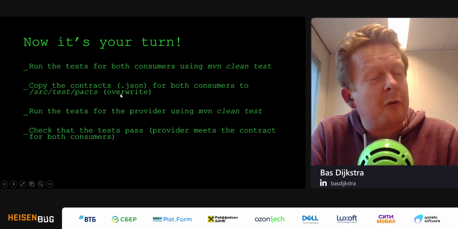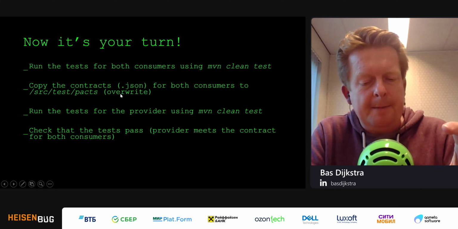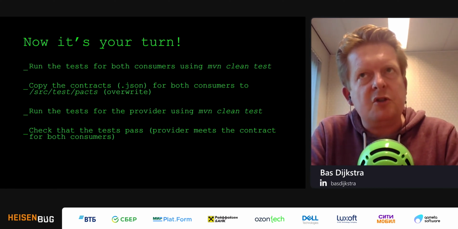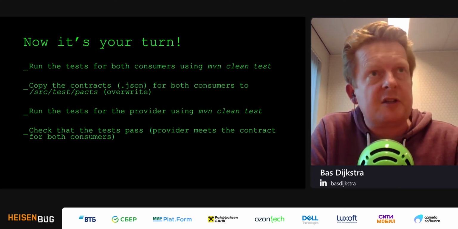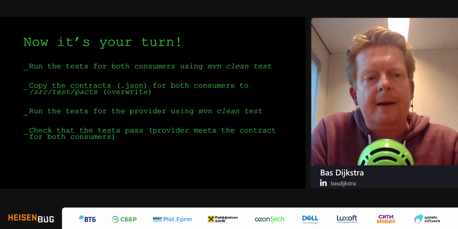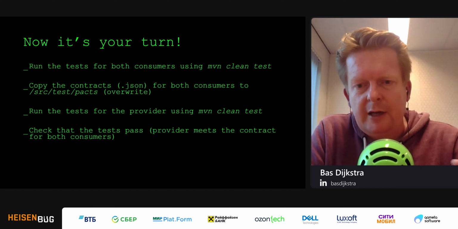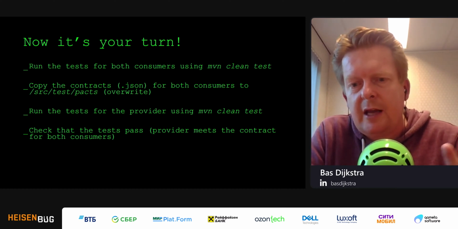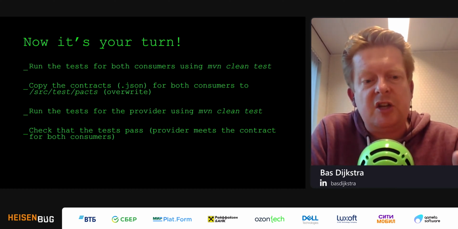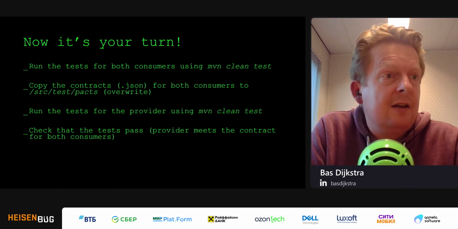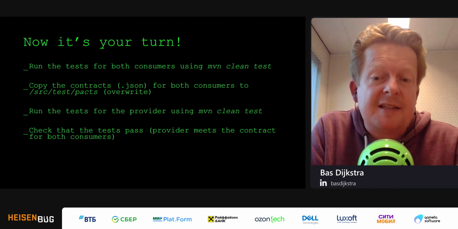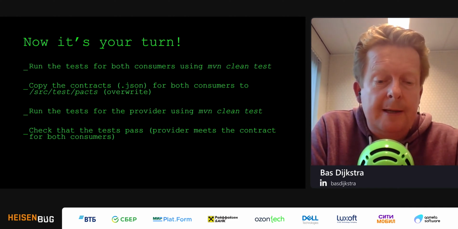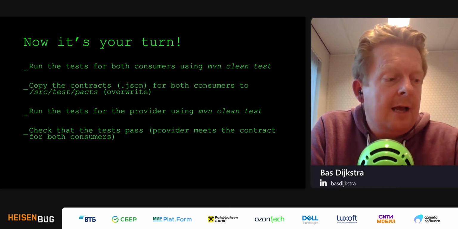You can override them, because if you checked the project out from GitHub, there were some contracts in there already. Then run the tests for the provider, again using mvn clean test, and check that the tests pass. So basically, check for yourself that you get the exact same output as I've shown just before the break.